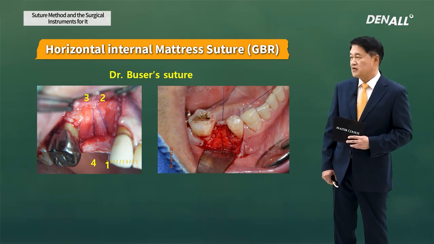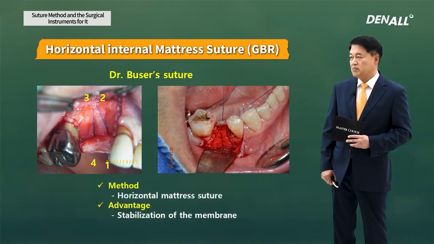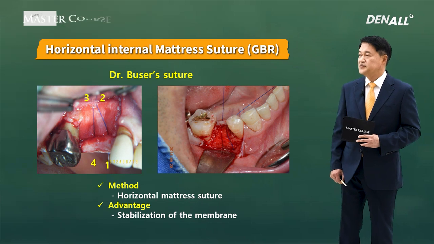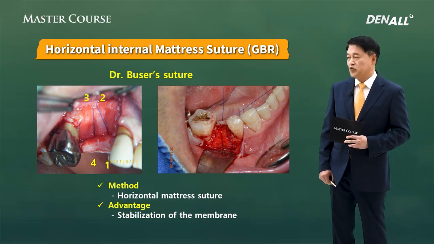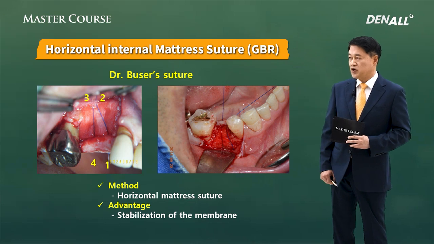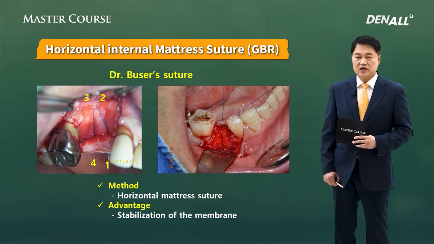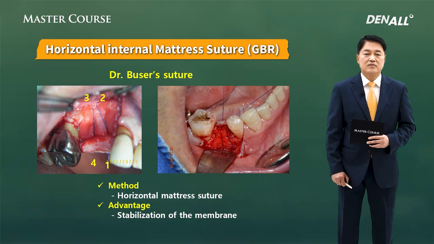So inevitably the knot is on the lingual side, and this suture is the horizontal mattress suture. It's to stabilize the membrane, and for that, you perform this suturing technique.